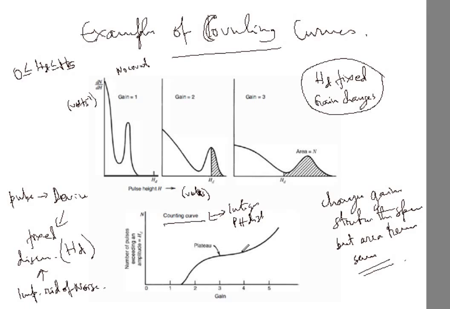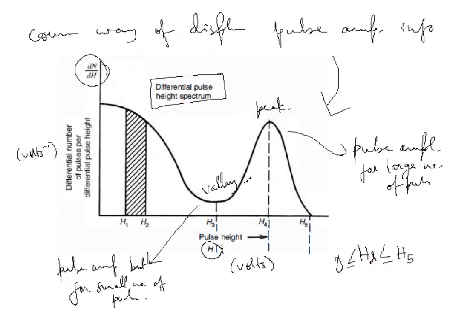Basically we have a mirror image of the integral distribution, however, because small values of the gain will record no pulses, whereas large values will result in counting nearly all of the pulses. So this is the counting curve, and what we saw before is basically the counting plateau.